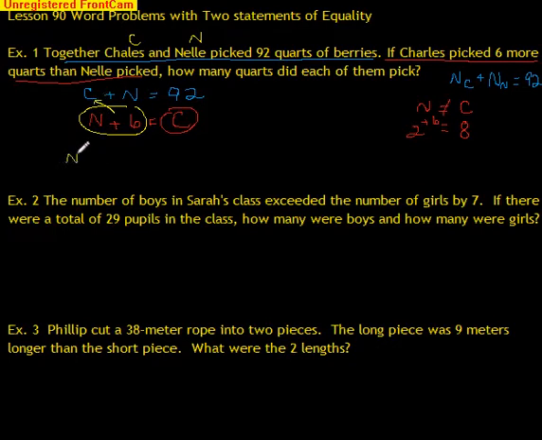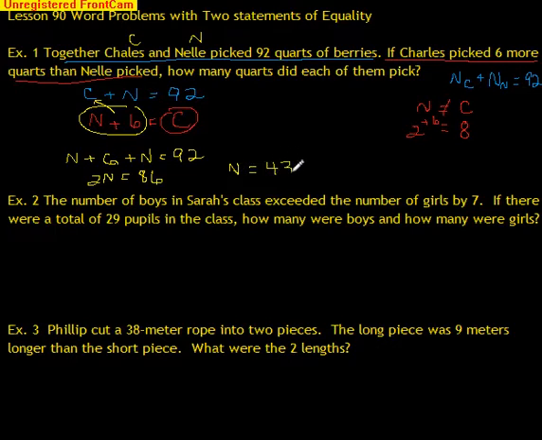So we're going to get N plus 6 plus N equals 92. Whoops, that should have been a 6. So we have N plus 6 plus N equals 92, and we get 2N equals 86, and N equals 43.